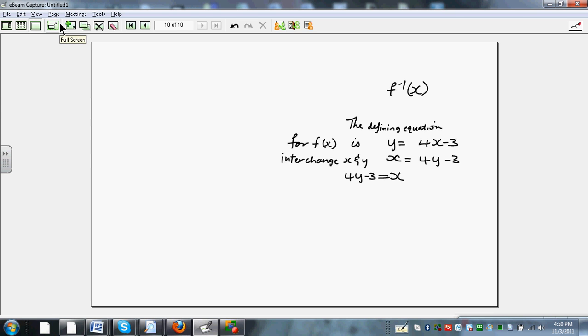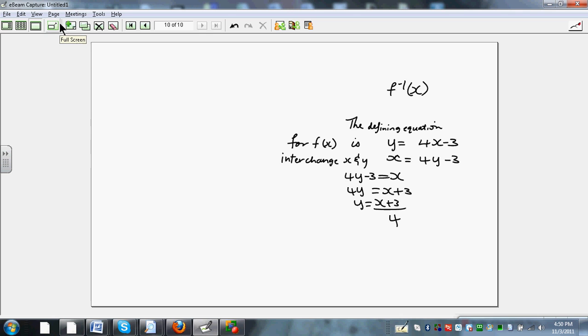And then from here, I could start to solve for y, which means get y on one side and everything else on the other. So I could write now 4y is equal to x plus 3. And then I could also write that y would be equal to x plus 3 all over 4.